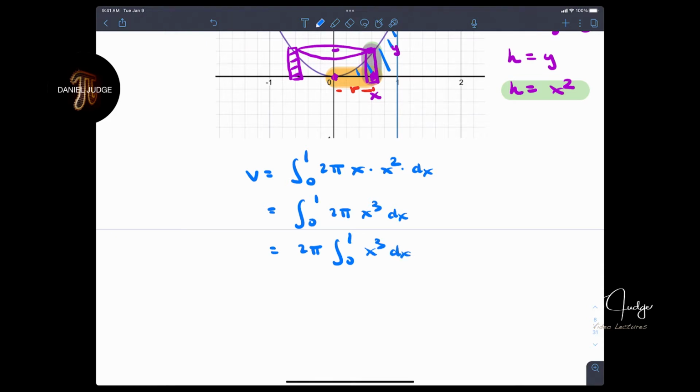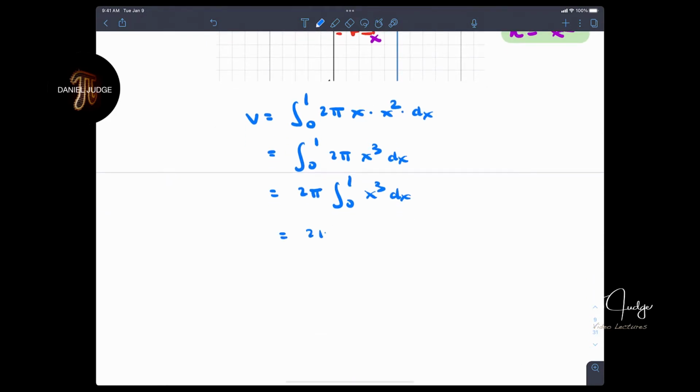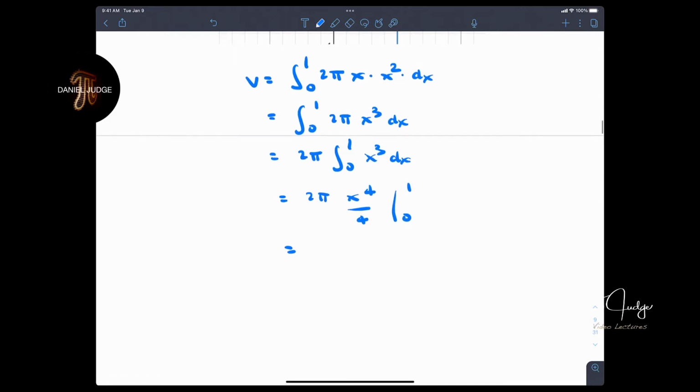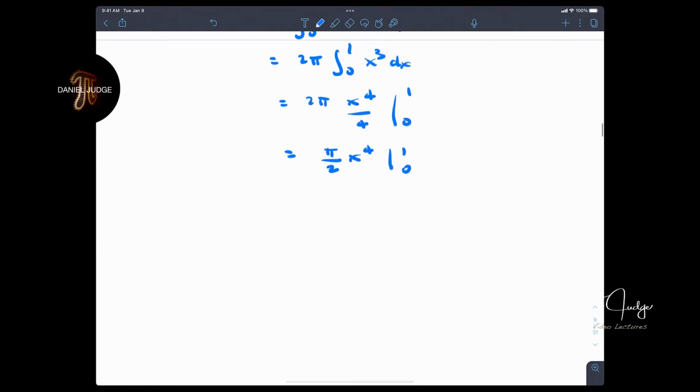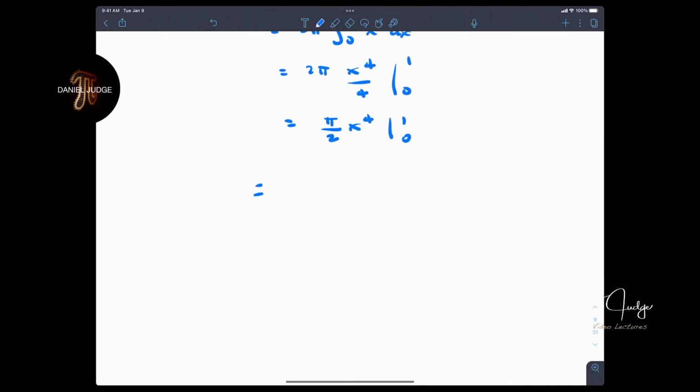We can integrate x cubed dx, which gives x to the 4th over 4, which gives us pi over 2 x to the 4th. And we can evaluate now. Pi over 2, 1 to the 4th, minus pi over 2, 0 to the 4th, not squared. And so we simply end up with pi over 2.